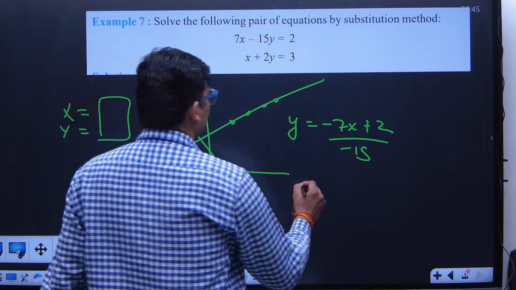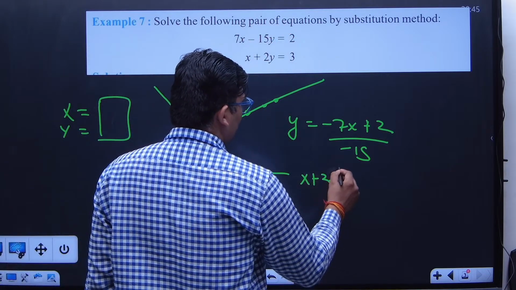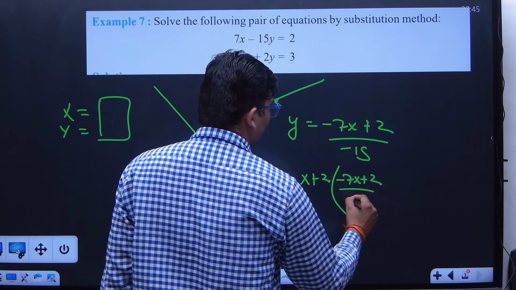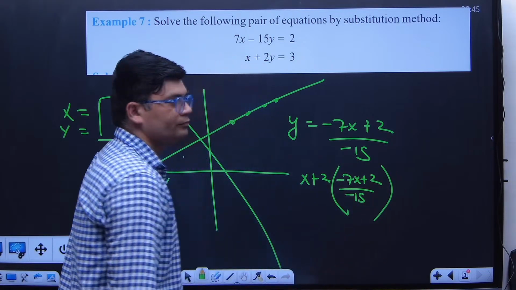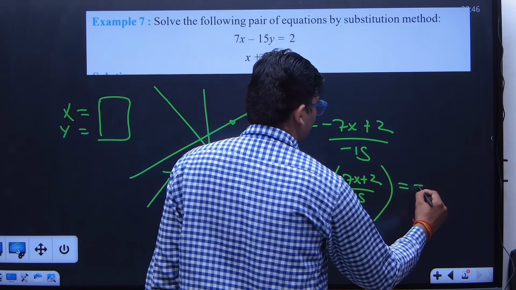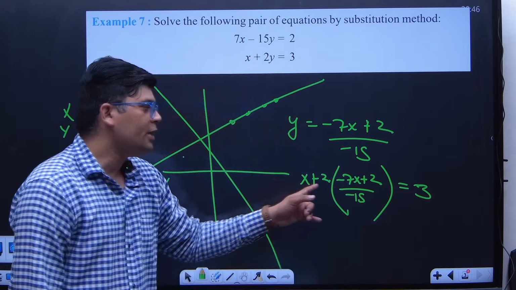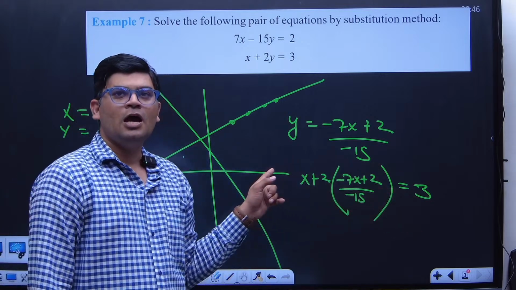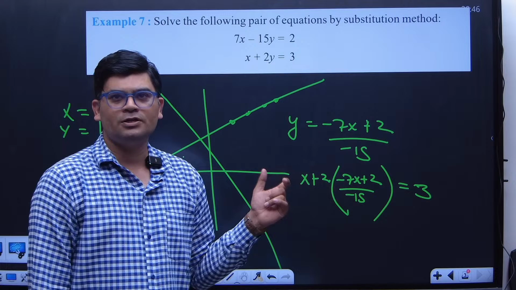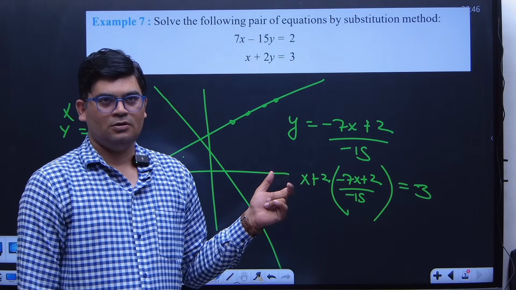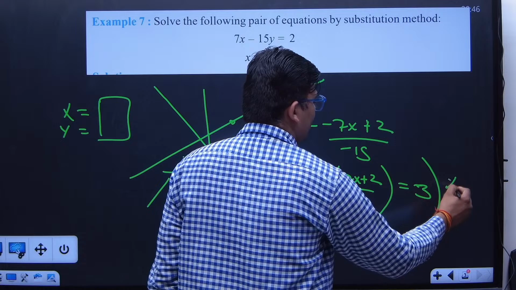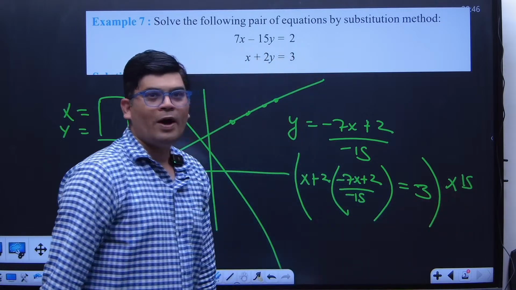So I will get x plus 2 into, instead of y, I can write minus 7x plus 2 divided by minus 15, is equal to 3. Now how many equations do I have? One equation. How many unknowns? Only one unknown. Can I find x from this equation? So how to find x? We will multiply this whole equation by 15. Why 15?